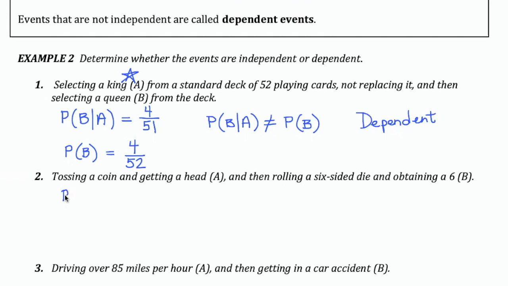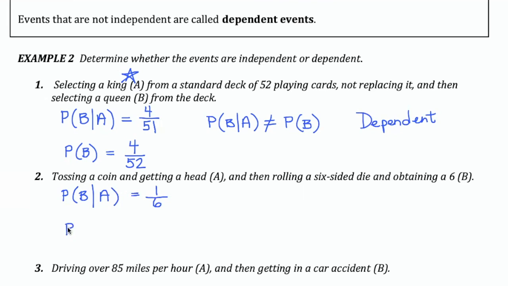So the probability of rolling a 6-sided die and getting a 6, given that I've tossed a coin and gotten a head. Well, let's think about that. If I tossed the coin and got a head, has that affected the outcomes on the die? No, there are still 6 outcomes, and only one of the 6 sides is labeled with a 6. So that has a probability of 1 out of 6 of happening.